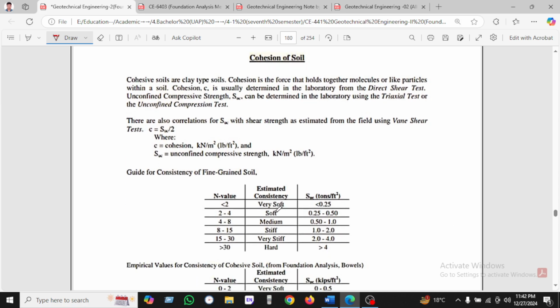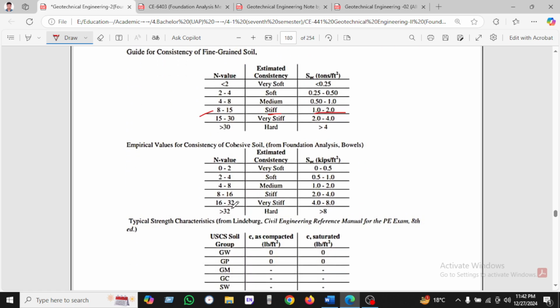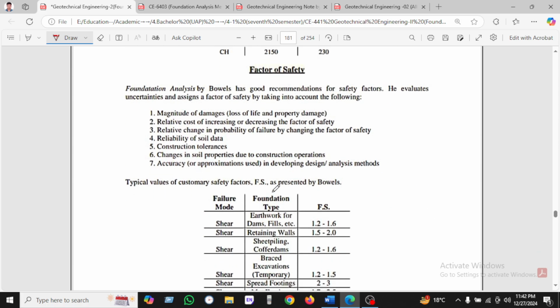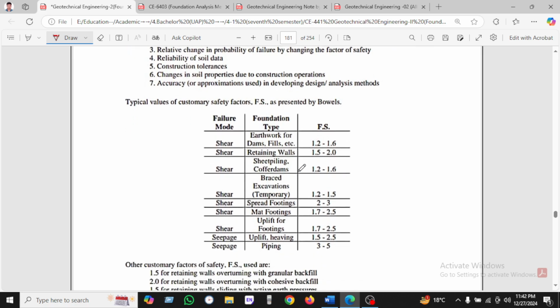The question we are seeing here, and below between 8 to 15, and all the relations are given here. Factor of safety for shear failure: for earthwork and dam fills, the factor of safety is 1.2 to 1.6.